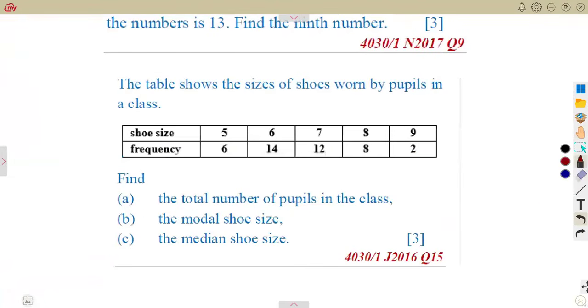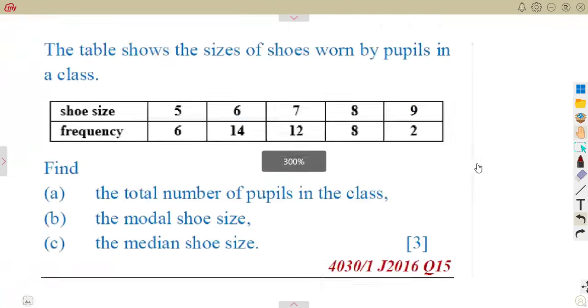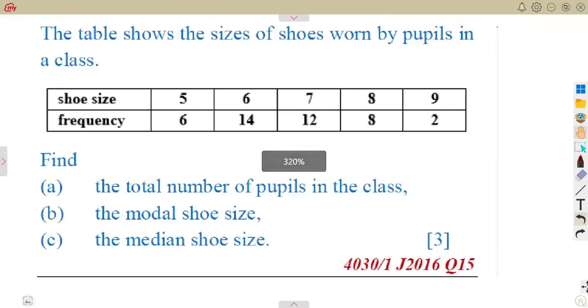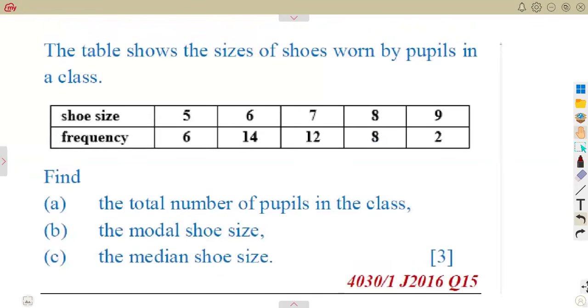Let's revise as much as we can. From this table on another question, you were given the table showing the size of shoe worn by pupils in a class, the shoe size and the corresponding frequency. Find A, the total number of pupils in the class.